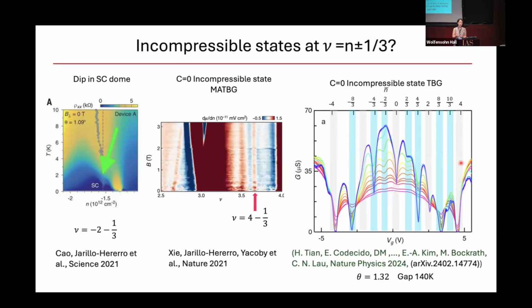So this is the transport data at angle 1.32, which is larger than the magic angle. What we found, Ginny and Mark found, is that when you go away from the magic angle, a lot of physics that are very much tied to the magic angle go away, and all that's remaining, that's giving these deep minima in conductance, are just the third fillings: minus 8/3, 4/3, 2/3, 8/3, and so on.